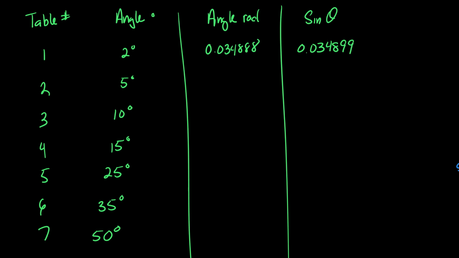All right, table 2. 0.0873. Give me one more number. 0.08726. And the sine of 5 degrees.